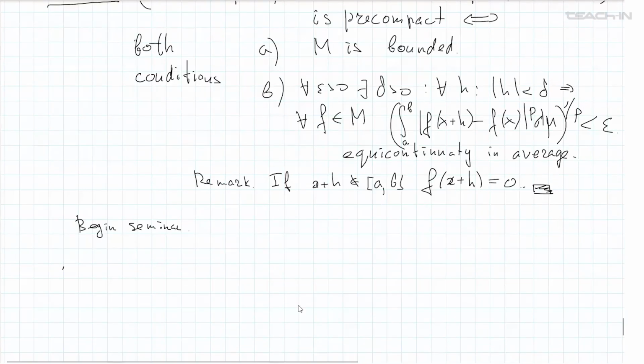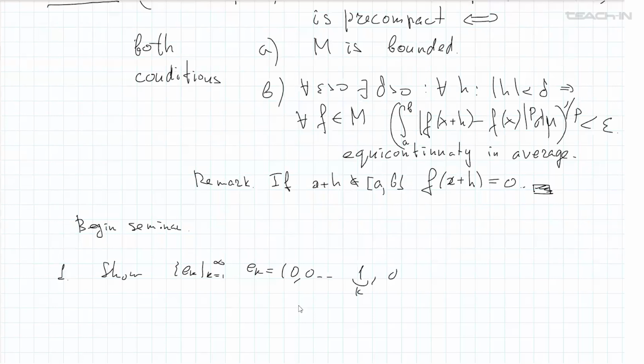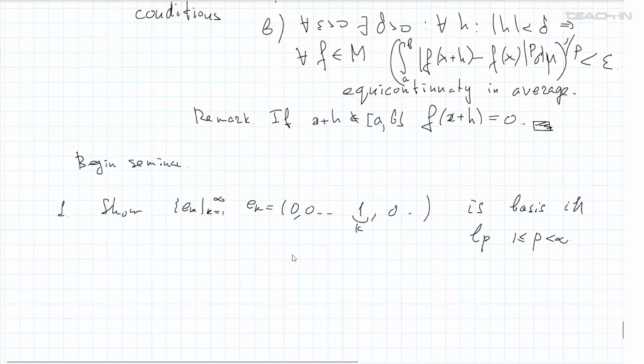So the first problem was: show that the standard sequences, where we have the unit at the k-th place, is a basis in L^p and not a basis in L infinity.